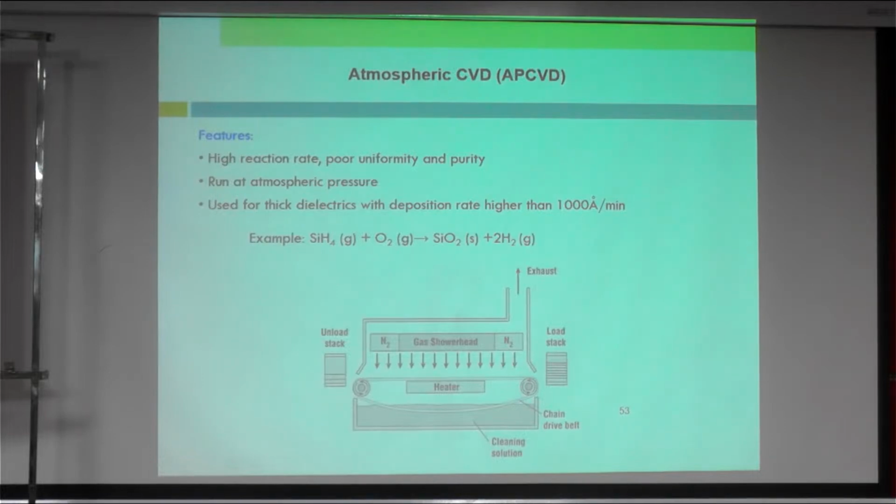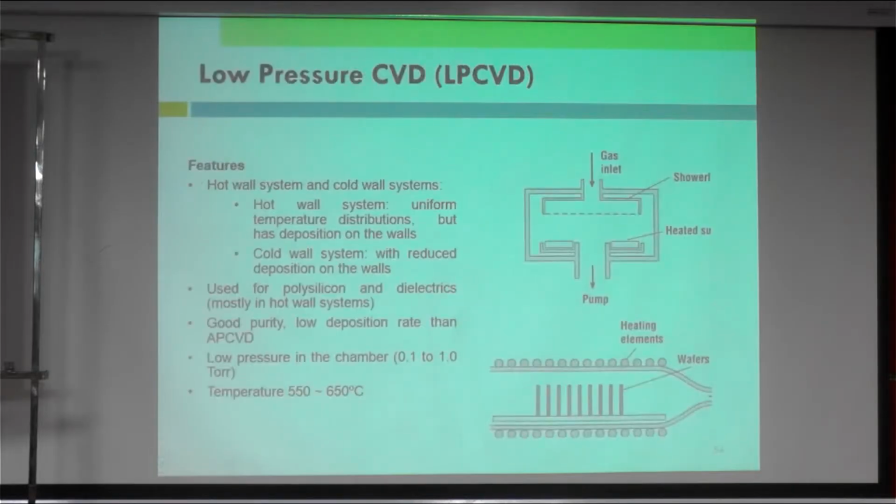So this is a typical setup of APCVD. As you can see here, we have gas and the heater, so it's quite a simple setup. And this is LPCVD, so you have the heater here, and you have a shower and gas inlet here in order to deposit the materials.